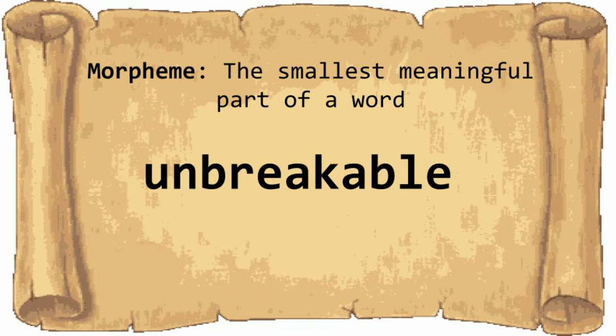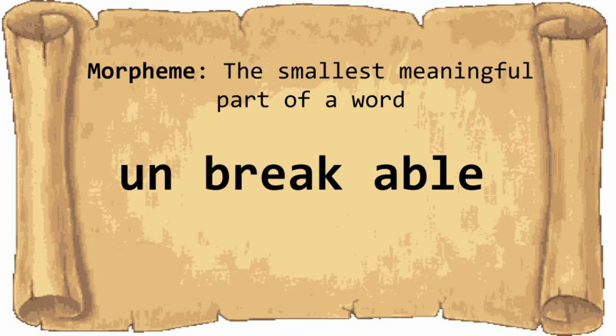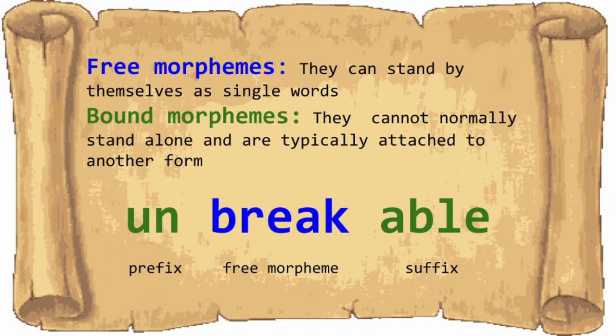For example, let's take the word unbreakable and break it in the smallest meaningful parts. Then we have un, break, and able. We can find two kinds of morphemes. There are free morphemes, those that can stand by themselves as single words, for example, open and tool.